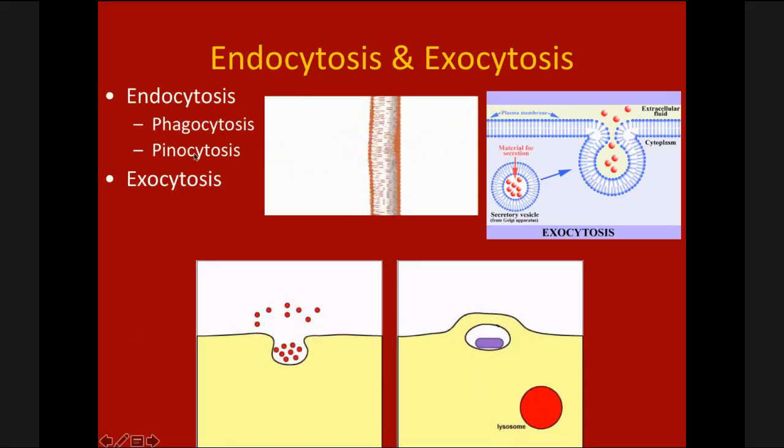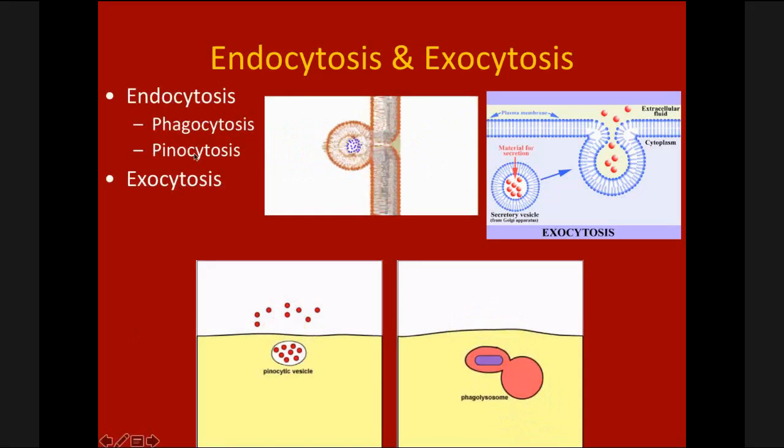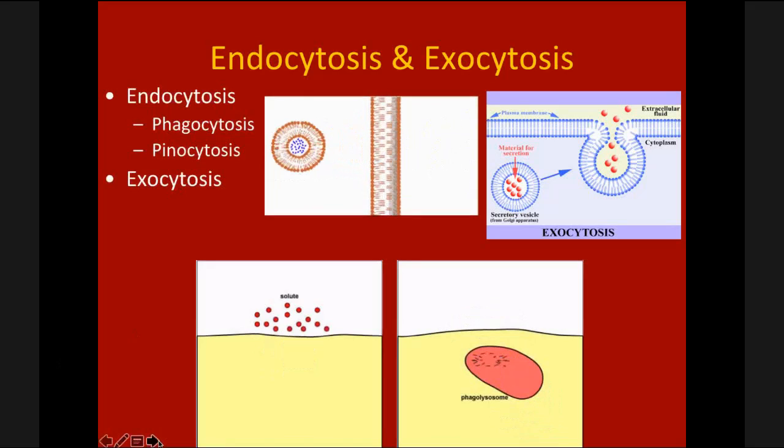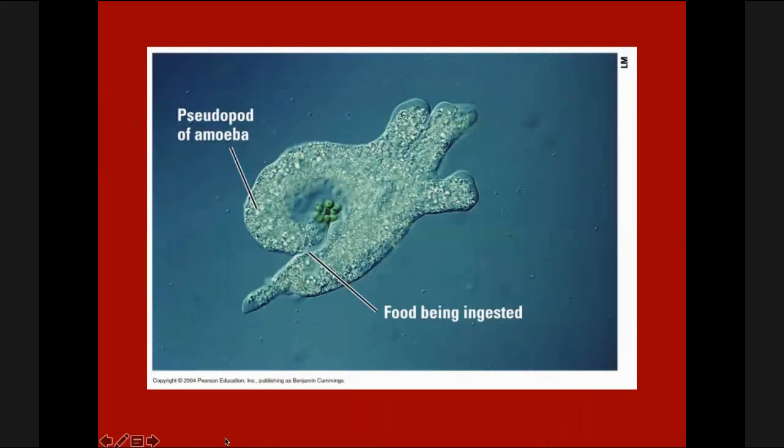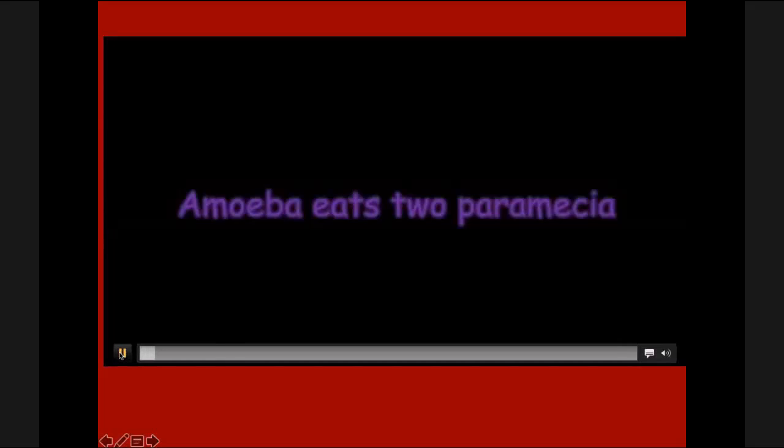So it's how cells move a lot of a product at once. Good? Bulk transport, moving a lot of a substance across the plasma membrane at one time. And then again, if you're a unicellular organism, this can be really important for how you eat or drink.